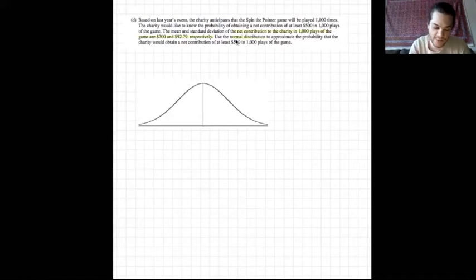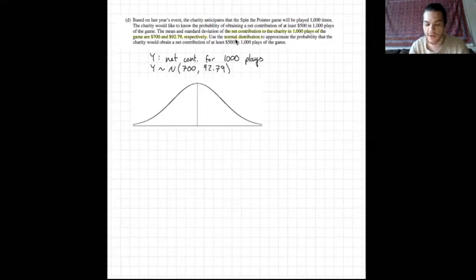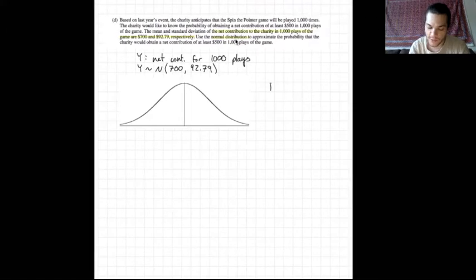So I'm going to call this variable Y, the net contribution for 1,000 plays. Then they claim that Y is distributed as a normal distribution with a mean of 700 and a standard deviation of 92.79. We are interested in the probability that Y is greater than 500.